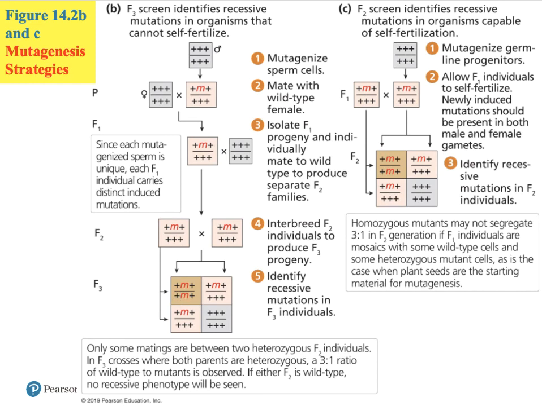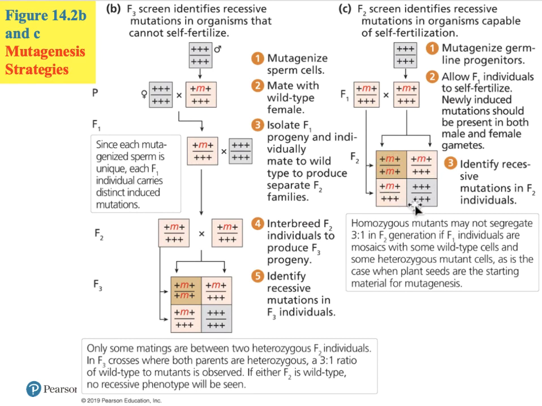The number of steps required in individuals capable of self-fertilization is fewer, because by the F2 rather than the F3 you can obtain these homozygous recessive mutations. Basically the steps are similar at the beginning. You take males or one sex and then you mutagenize them and you breed them by themselves because they're capable, and then you can immediately see that 1/4 of the progeny will be homozygous recessive.